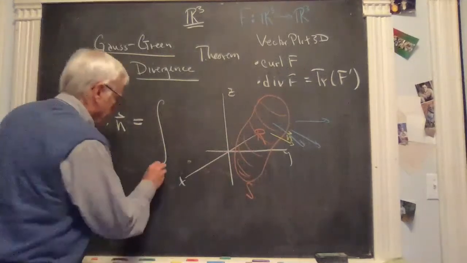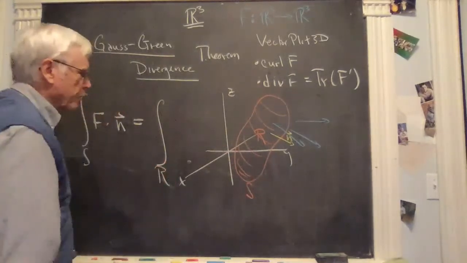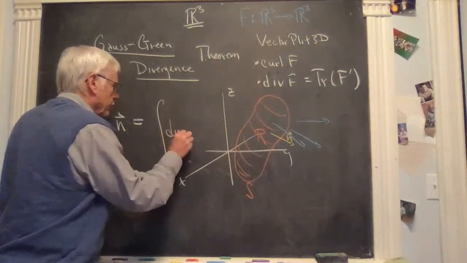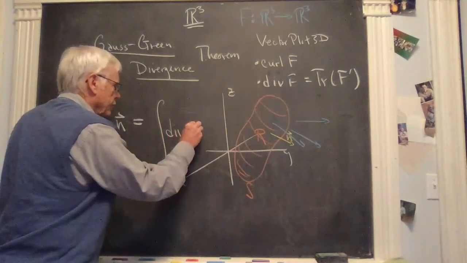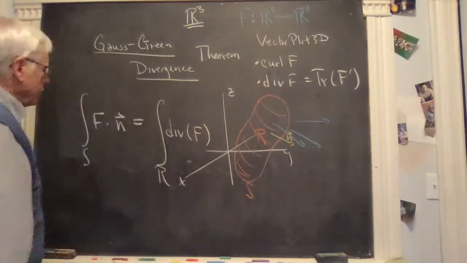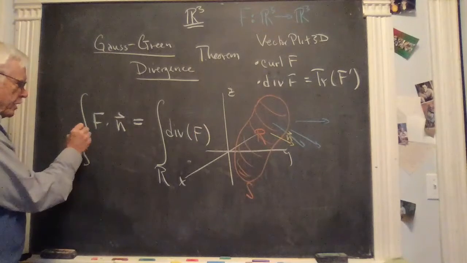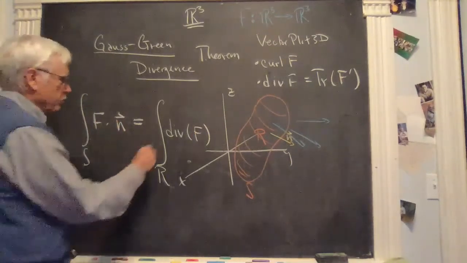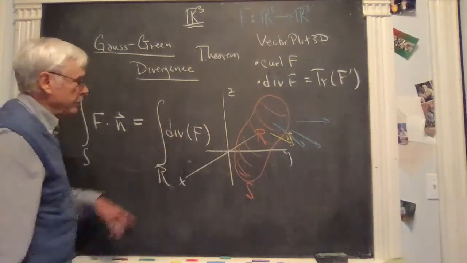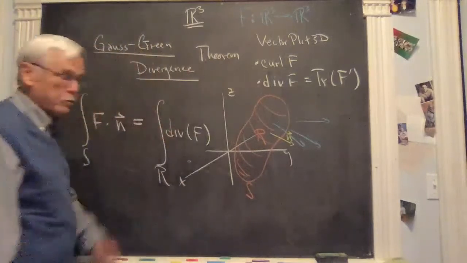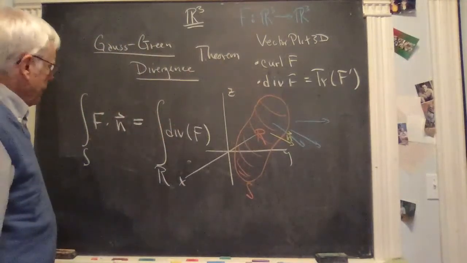And so this will be a triple integral over R. And we're again going to use the divergence of F. So this flux integral of F over the surface is equal to the integral of the divergence. Now the divergence is equal to the trace of F prime. So this is exactly what we got in the plane.